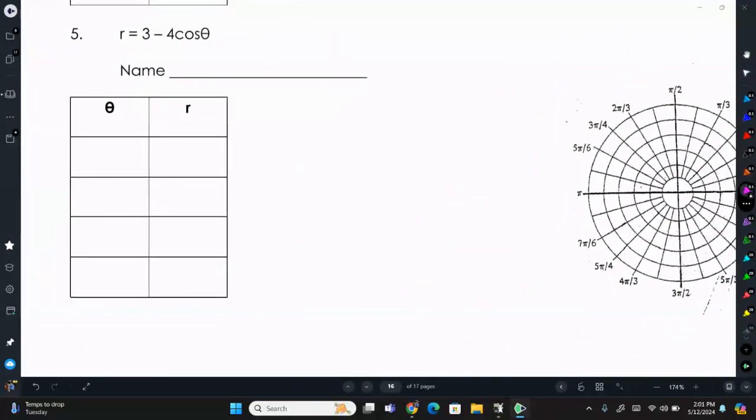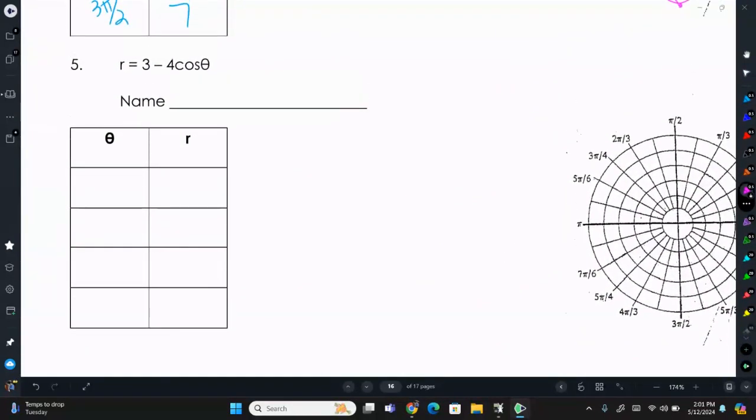All right, now number 5, our a value is 3 and our b value is 4, and a over b is less than 1. So this is going to be a limaçon with an inner loop.